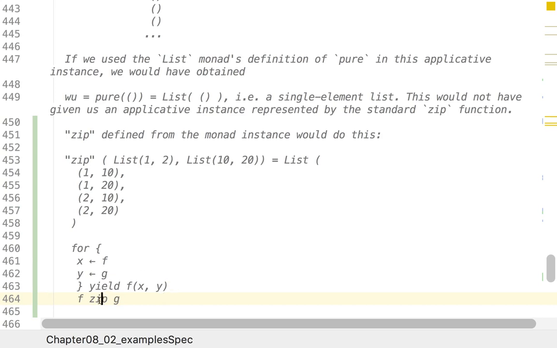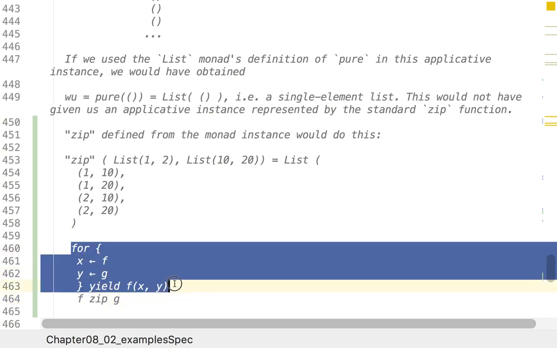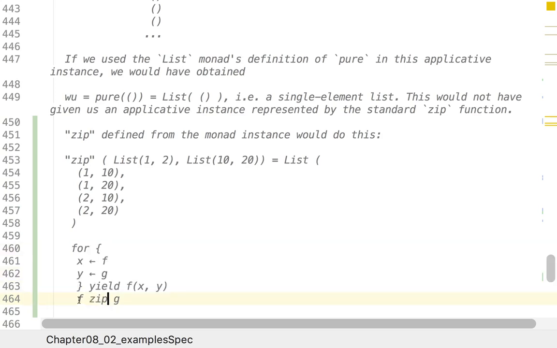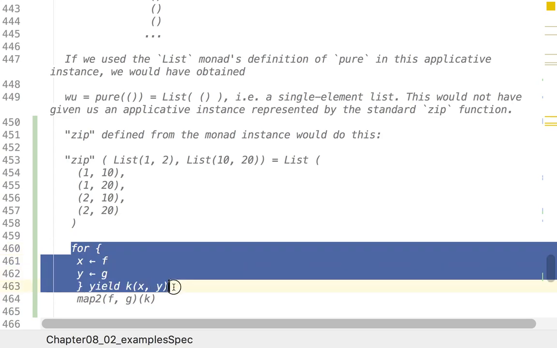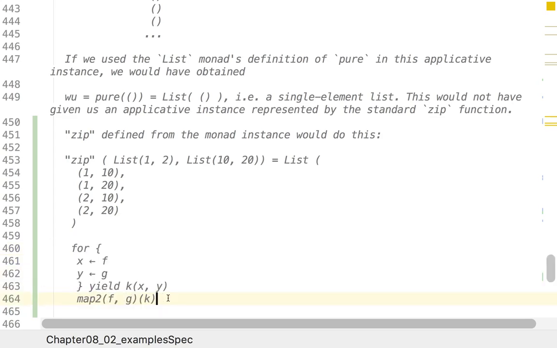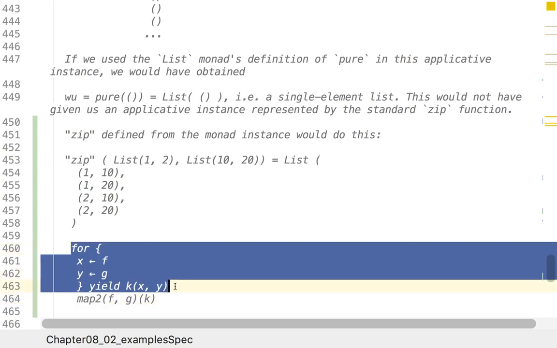But if the zip implementation disagrees with the monad instance, then you would have changed the functionality. You cannot replace this code with this code unless the applicative instance defines map2 in the way that is exactly the same as what would follow from flat map.